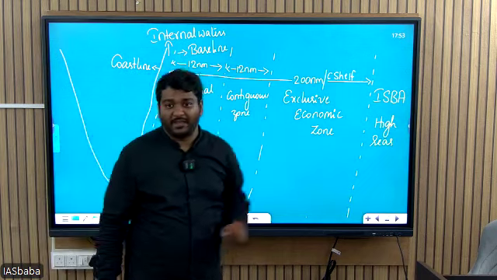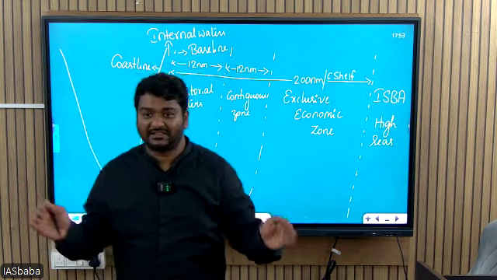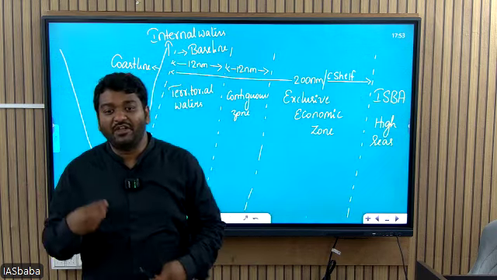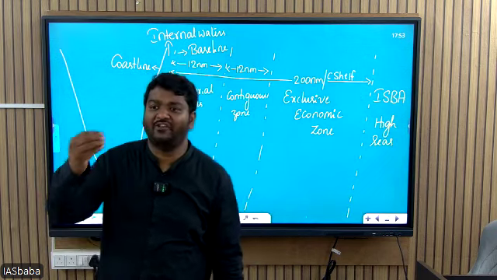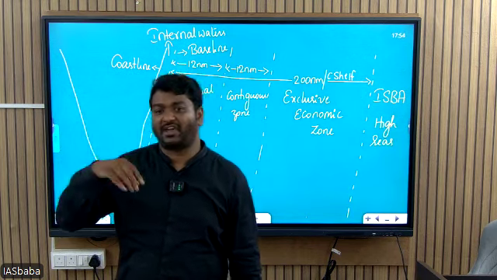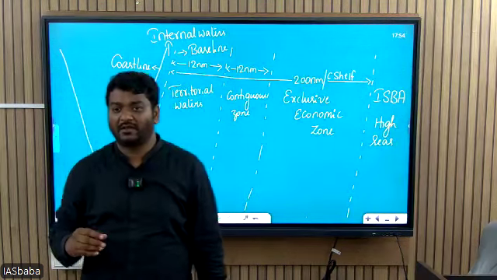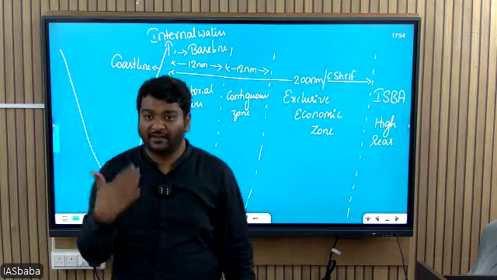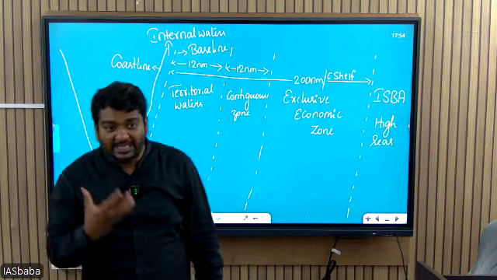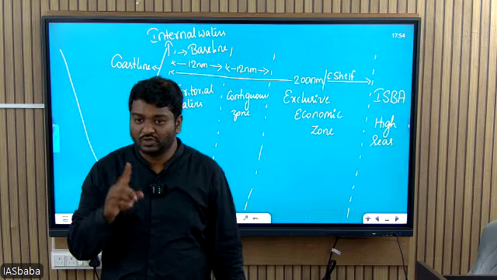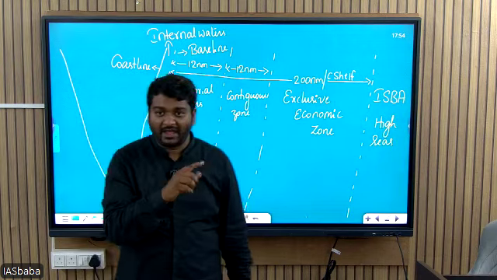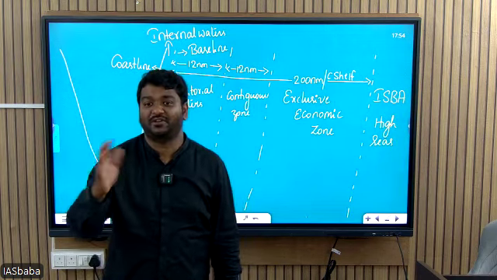And this ISBA is maintaining the high seas. But in the high seas, we people have dumped a lot of waste. Plastic, everything is dumped there. Now someone should clean it. If you want to clean it, you need money. So ISBA gives permission to countries.